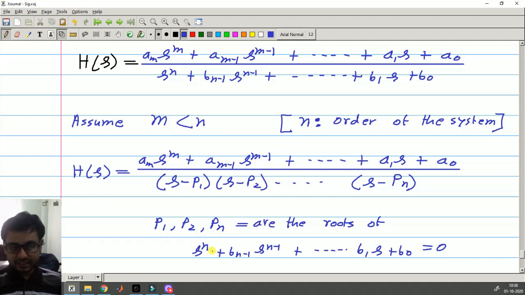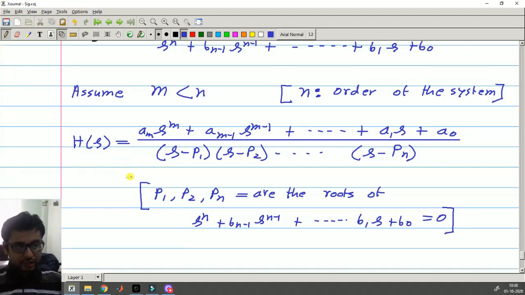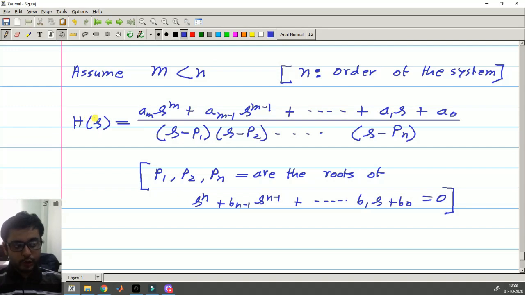Since this is an nth order polynomial, you will get n roots. They may be different, or some of the roots can be repeated. So you can always write this transfer function in this way.